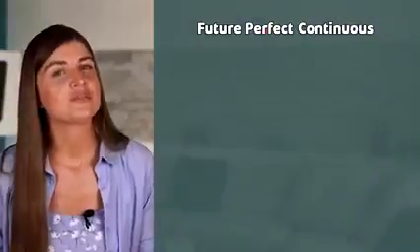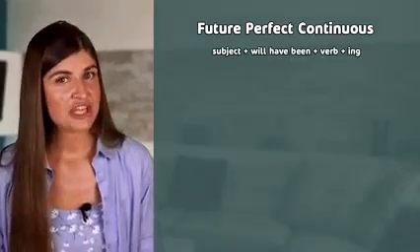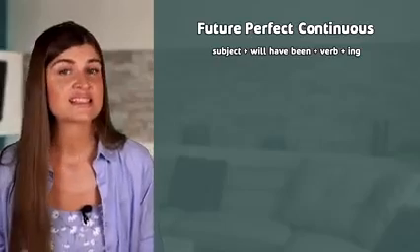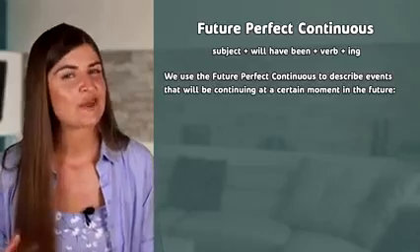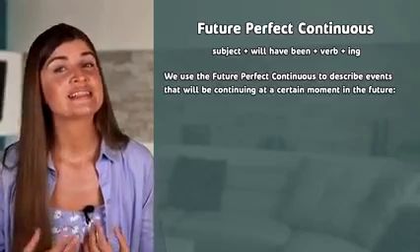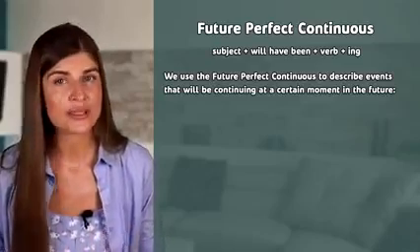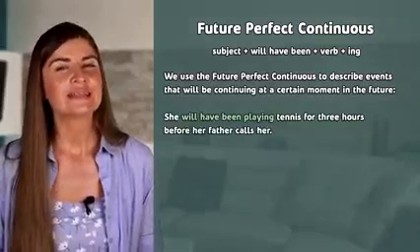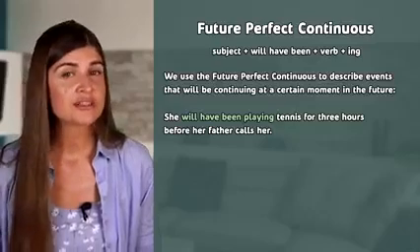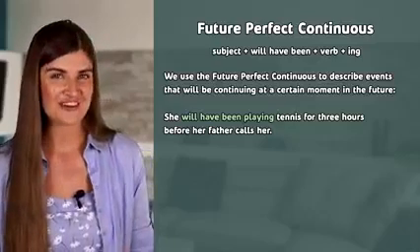And finally, the future perfect continuous. The structure is the subject plus will have been plus verb plus ing. We use this tense to describe events that will be continuing at a certain moment in the future. For example, she will have been playing tennis for 3 hours before her father calls her.